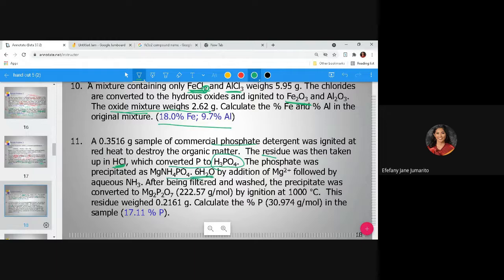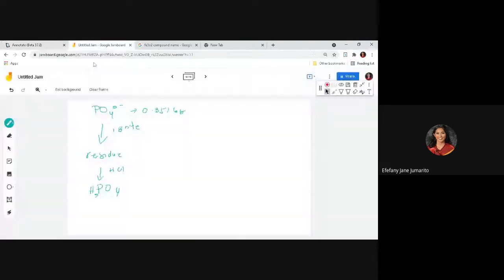Forming this one, magnesium... What's the name, class? Okay, we have that one.